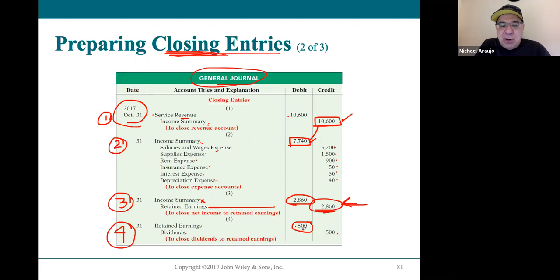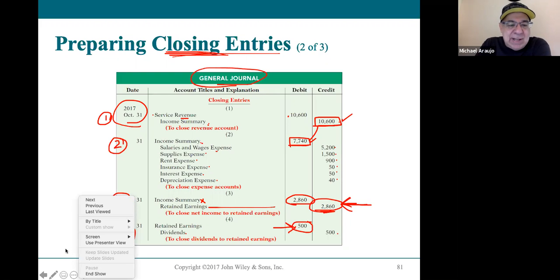This debit to retained earnings shrinks retained earnings, which is exactly what we do on the retained earnings statement. In the retained earnings statement, we add in the net income and we subtract out the dividends. And this is exactly what we've done to retained earnings here.